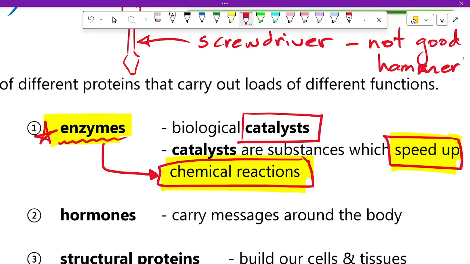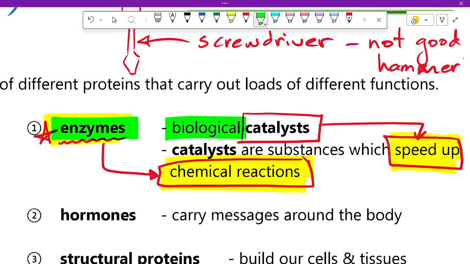So for example, if you throw some MnO2 into some hydrogen peroxide, it will cause the hydrogen peroxide to bubble and break down because it just speeds up that chemical reaction. So catalysts speed up chemical reactions. Enzymes are specifically biological catalysts. So they're ones that are in the body. Okay?